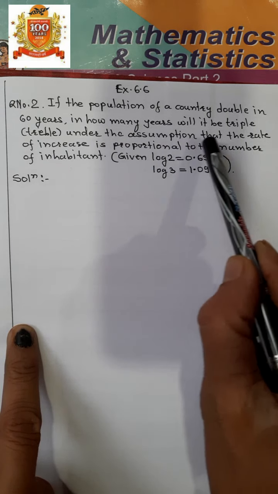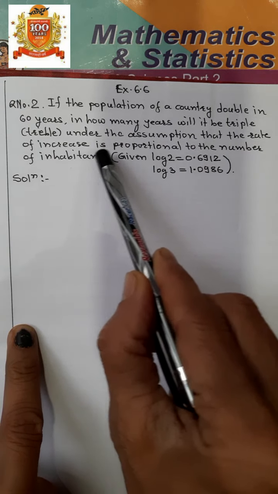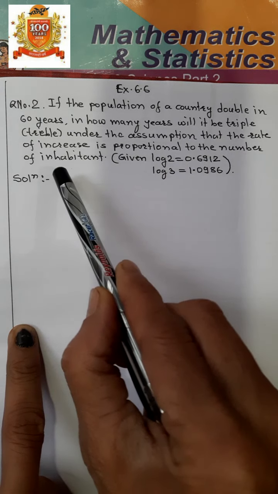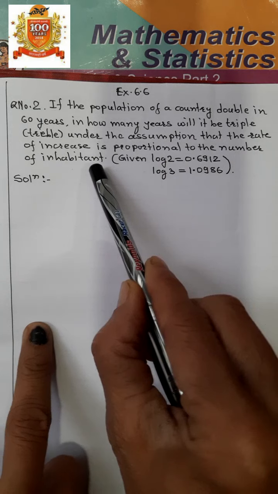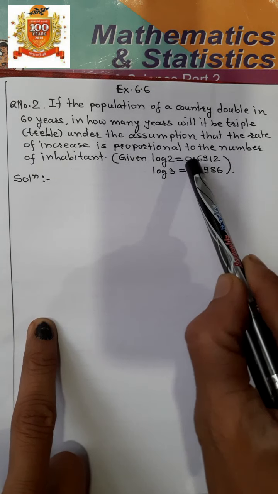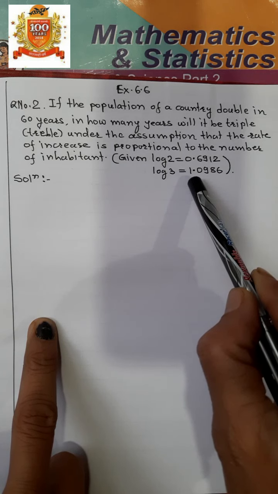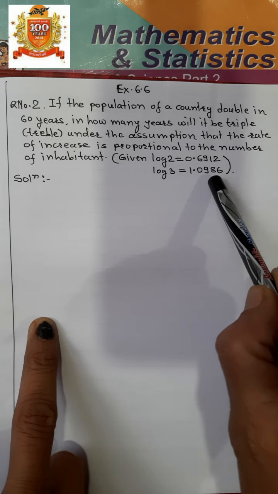Under the assumption that the rate of increase of population is proportional to the number of inhabitants. It is given that log of 2 is equal to 0.6912 and log of 3 is equal to 1.0986.